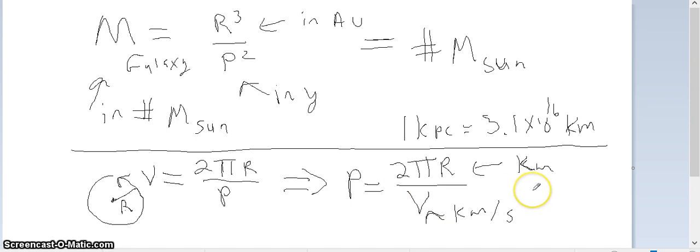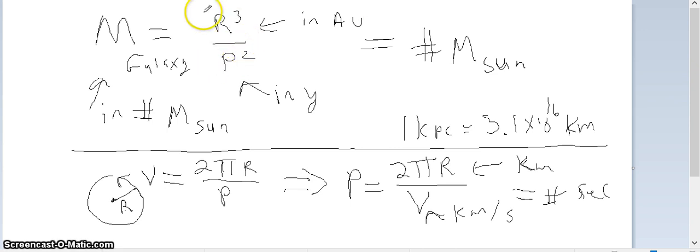So this will give us some number, just a generic number of seconds. We're going to have to convert seconds to years when we use it in this equation.